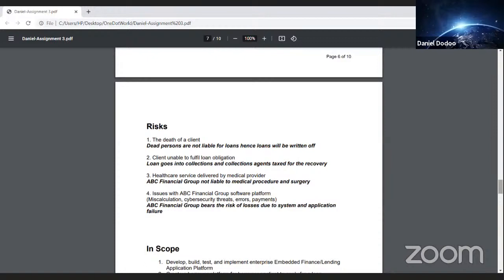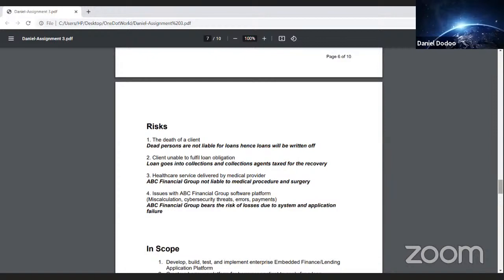We look at our third risk here, healthcare service delivered by medical providers. At times, we see in the media that doctors performing surgeries, unfortunately, have things go wrong and the patient loses their life due to the doctor's negligence. So we have captured that as a risk in our platform.